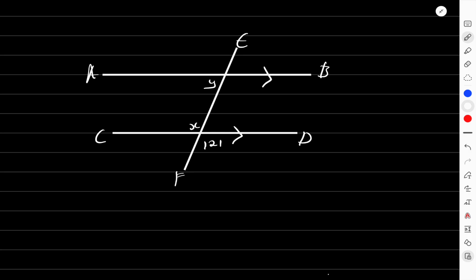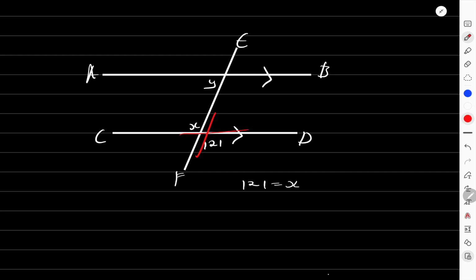Now, for me to find the value of X, can we see a cross shape, an X shape, that is being formed? The angle found here and the angle found here are the same. The reason is going to be vertically opposite angles. And the angle found over there and the angle found over there, opposite to each other, those two angles are the same. So it means 121 degrees is the same as X, because these two are vertically opposite to each other.